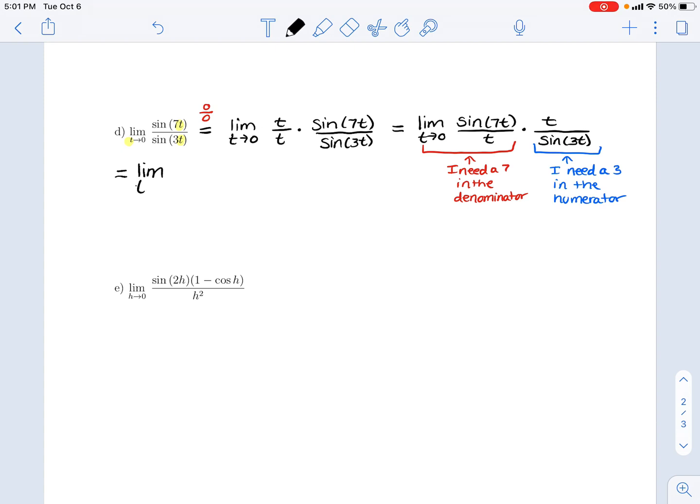This is the limit as t approaches 0. And so now I'm multiplying in the 7 over 7 times sine of 7t over t times t over sine of 3t. And so now I'm multiplying by 3 over 3.